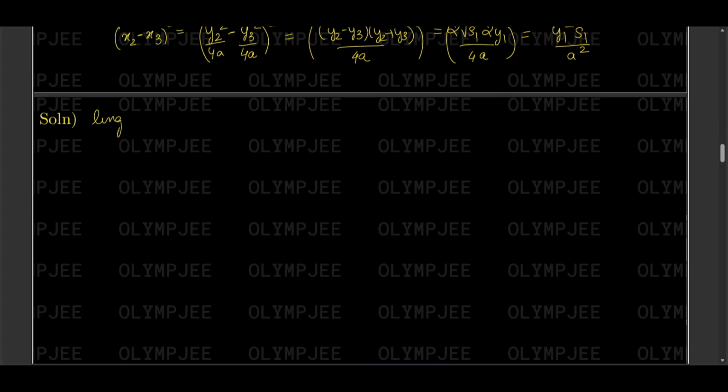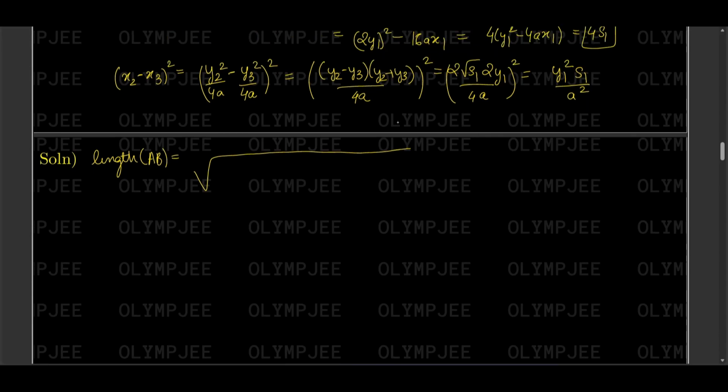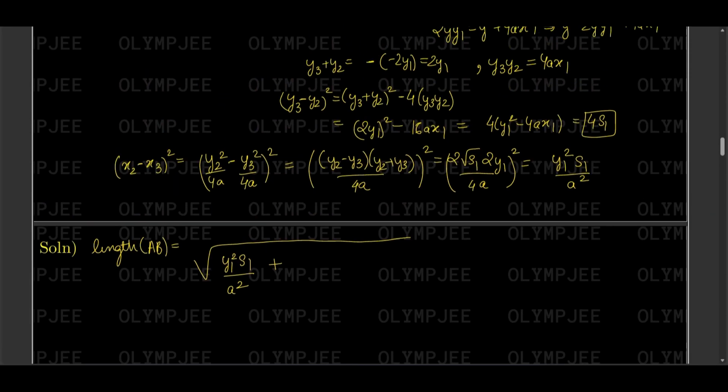So length of AB will become root of this x2 minus x3 whole square, which was y1 square s1 by a square, plus of this 4s1.